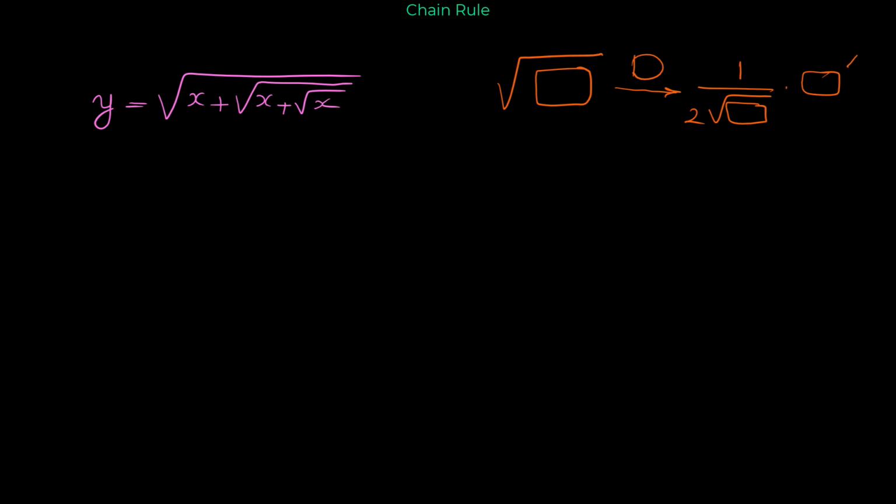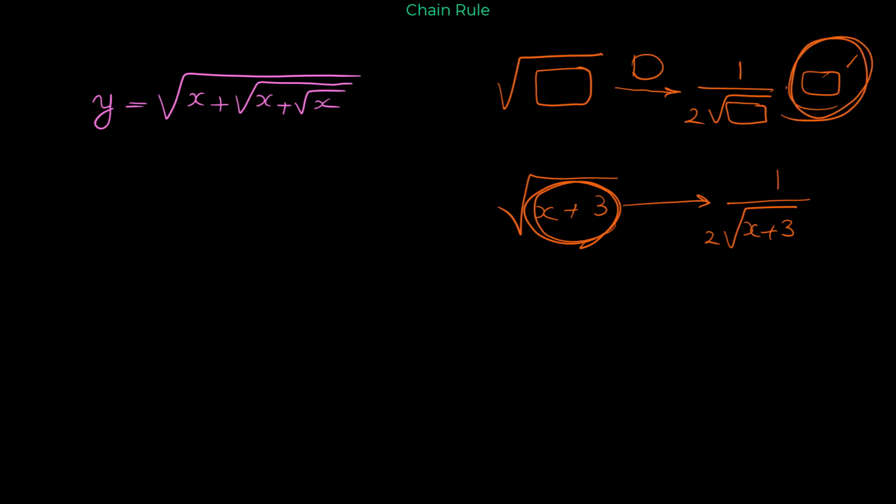So based on this formula, for example, when we have radical x plus 3, the derivative of this is 1 over 2 radical x plus 3. And of course, don't forget to multiply by the derivative of the inside. The derivative of x is 1, the derivative of 3 is 0. So the derivative of the inside is 1. So multiply this by 1, which you don't need to do because it's 1.